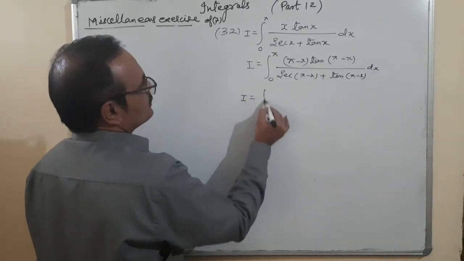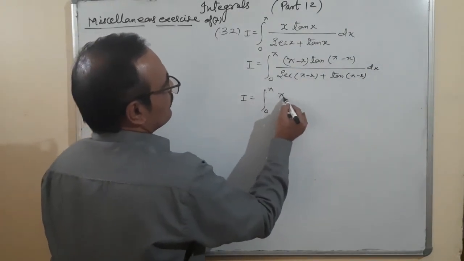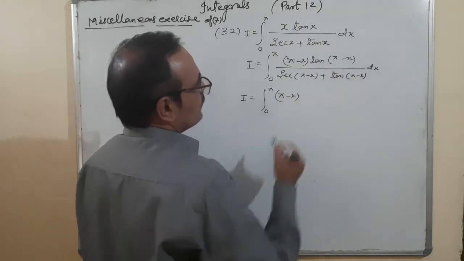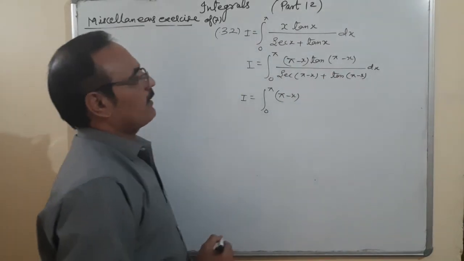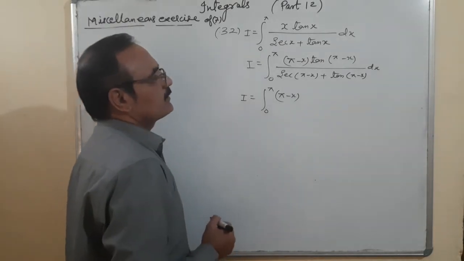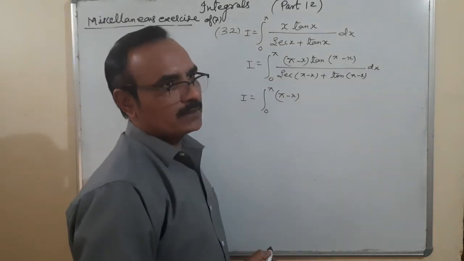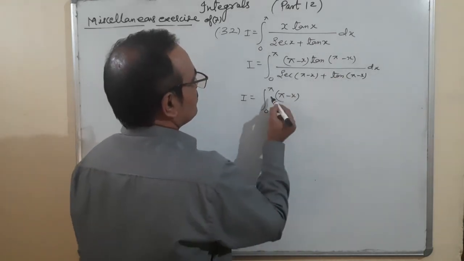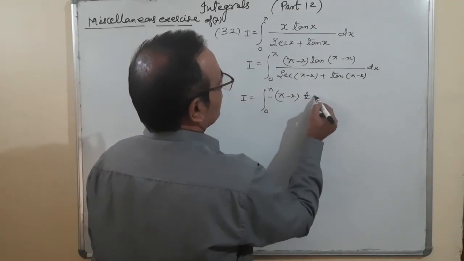I is equal to 0 to pi, pi minus x, tan 180 minus x. It is in the second quadrant, and in the second quadrant tan is negative, so minus sign here. It is tan x.